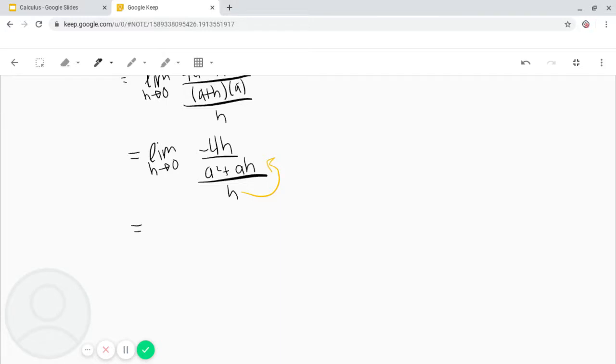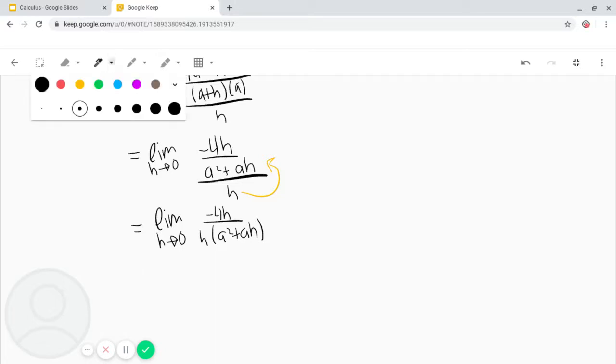So this would be equal to the limit as h approaches 0 of negative 4h over h times a squared plus ah.